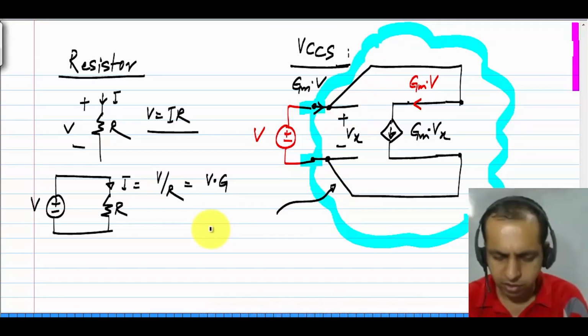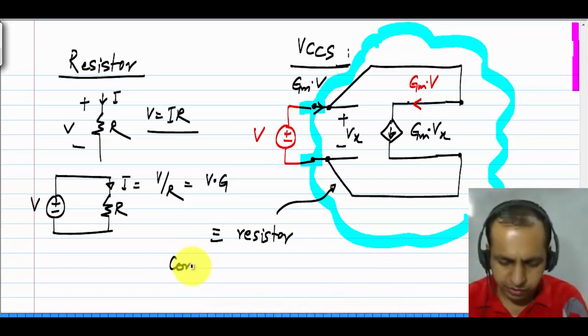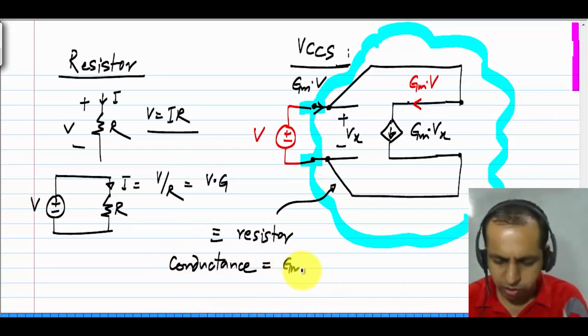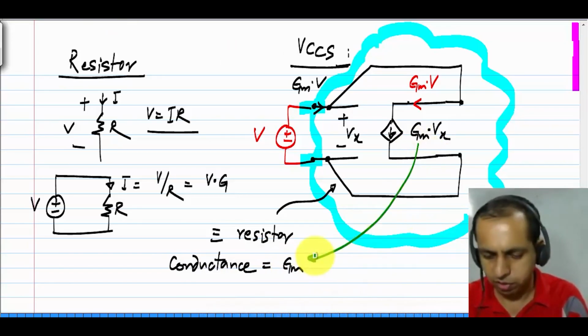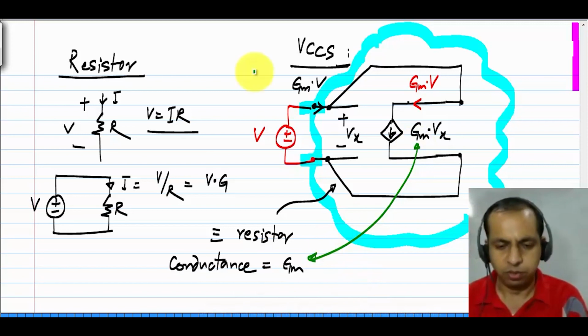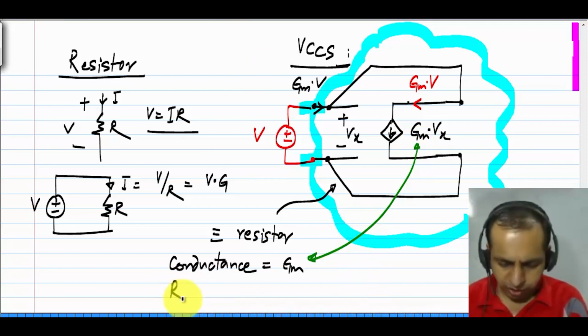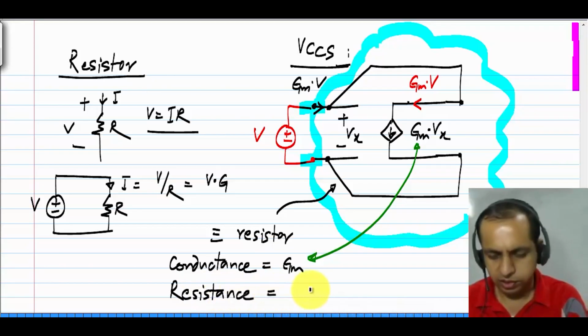So this entire circuit inside here is equivalent to a resistor and its conductance is given by Gm, which is the proportionality constant of the voltage controlled current source, or equivalently its resistance is given by 1 by Gm.